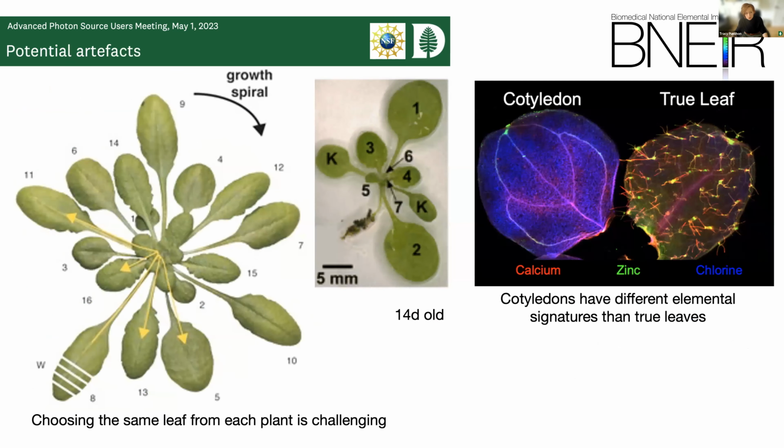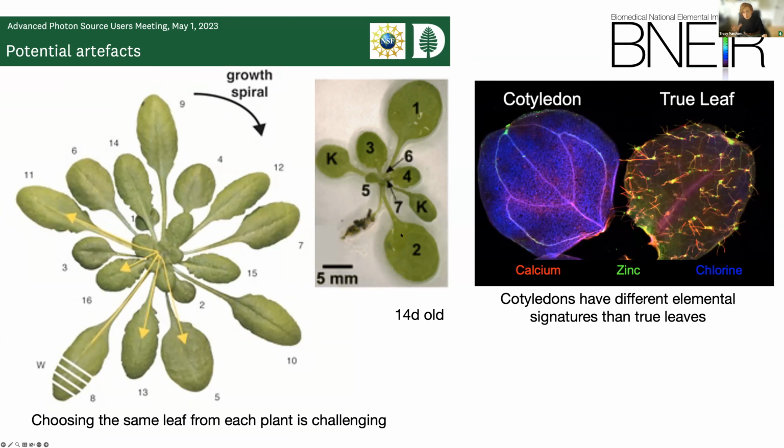So what we really want to do, and this is just a diagram of what we need to do, is pick the same leaf each time in this experimental setup. You can see here, Arabidopsis leaves grow in a spiral. So leaf 1 and leaf 2 are here, then 3, 4, then 5.